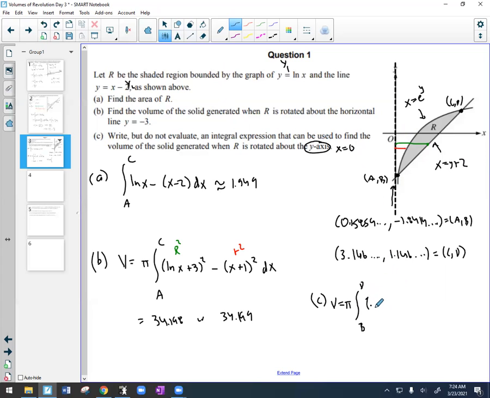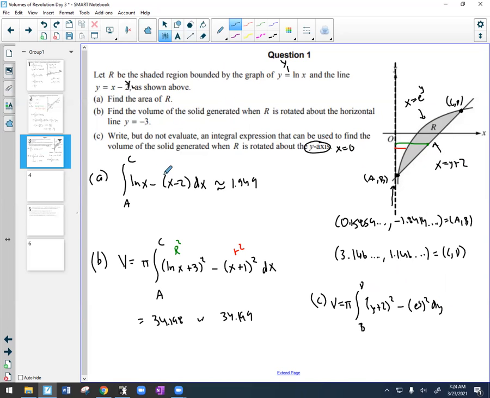So y plus 2 squared minus little r squared, which is e to the y minus 0, so e to the y, squared, dy. And then you can stop. It says do not evaluate, so you don't have to evaluate. You could, I don't know why they didn't ask you to, just punch this in your calculator if you wanted to. But that's how you would do this problem.